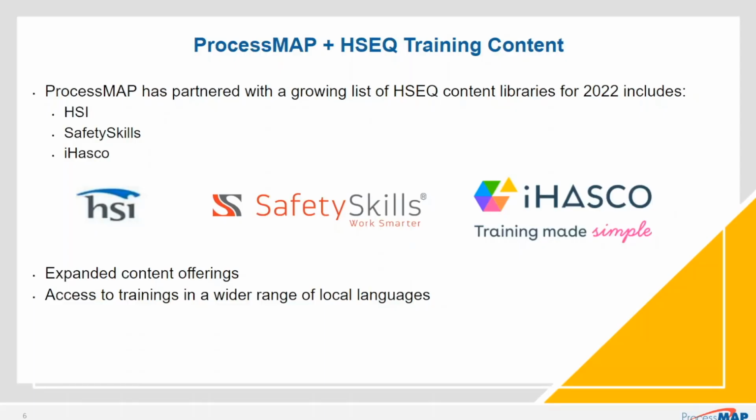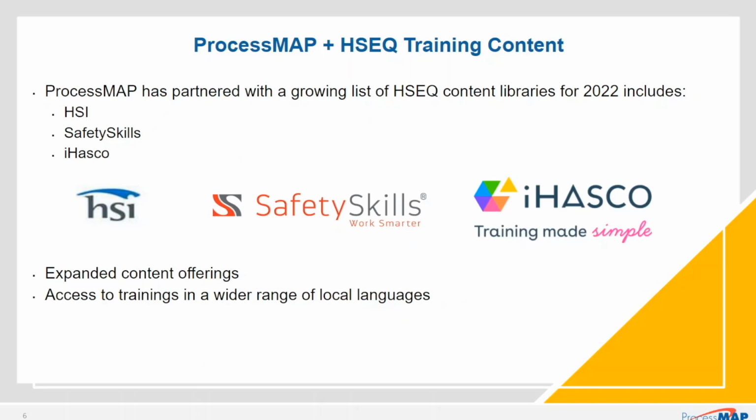ProcessMap currently has partnered with a growing list of HSCQ content partners providing extensive libraries of training courses and content, which in 2022 includes HSI, Safety Skills, and iHasco. HSI, formerly known as Vivid, has been a partner for some time.